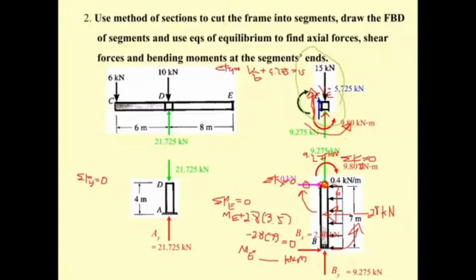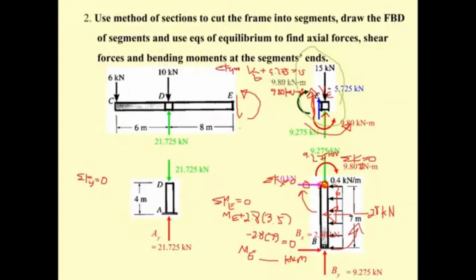How about the moment? The moment here is going to be 9.8 also. So the moment here is going to be 9.8 kilonewton meter, and the blue is going to be this one.